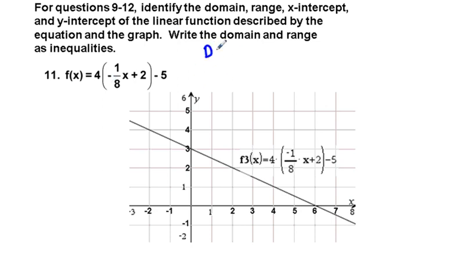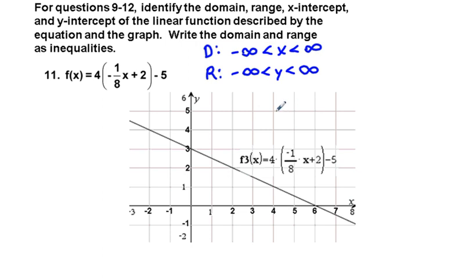So our domain in inequality notation would be x is greater than negative infinity while being less than infinity. And our range is going to be the same thing except for the variable y. That's our domain and range.